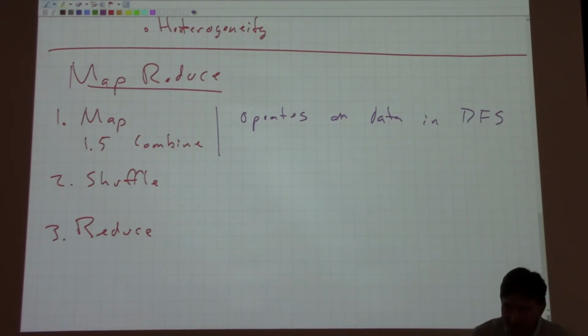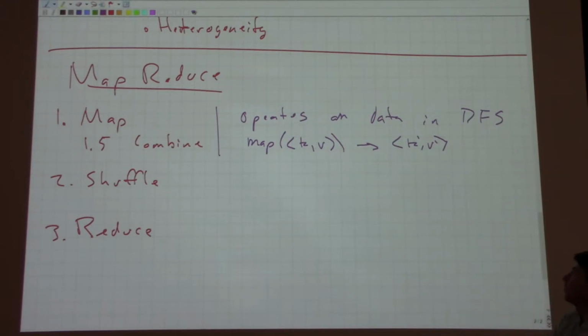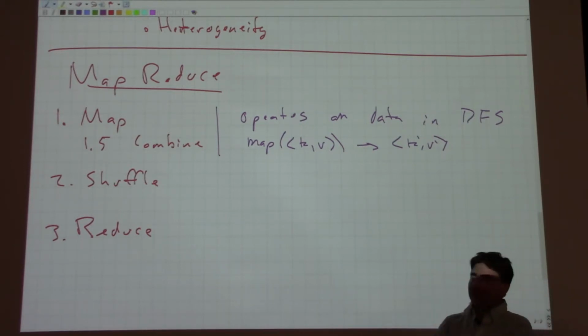So there's going to be some map operation which takes in one key value pair and outputs another key value pair. It's going to be the same basic format, but what the key means and what the value means could be different, and I'll go through a bunch of examples of this.